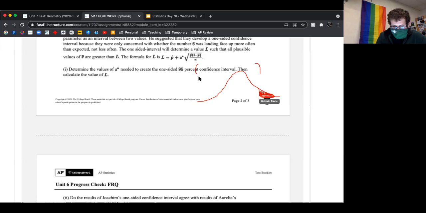Essentially we're saying on the low end, this can go to negative infinity and we don't care. Or more realistically in this scenario, because it's proportions, it can be a 0 proportion and we don't care. But we want to figure out what's the highest it can go to before we consider it statistically significant.